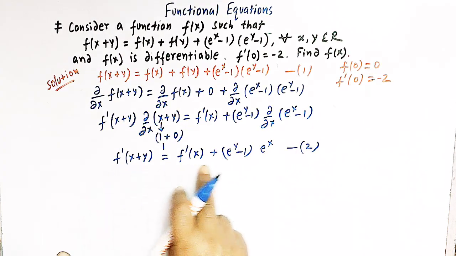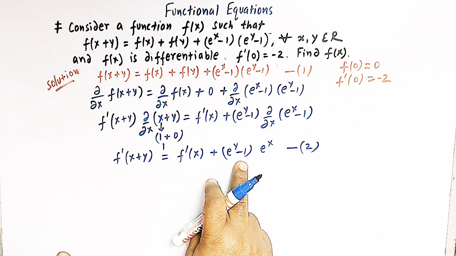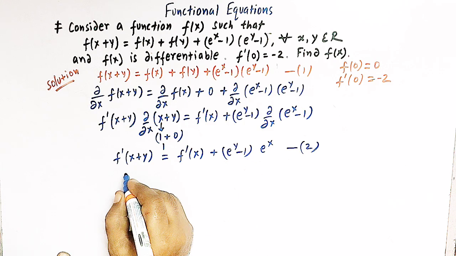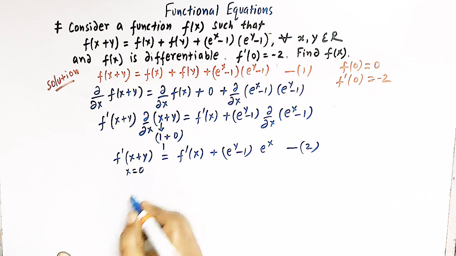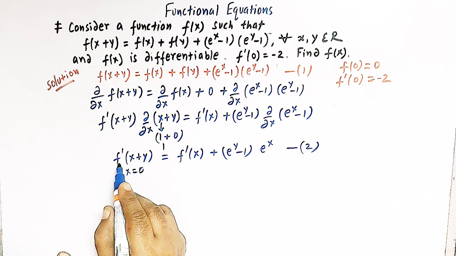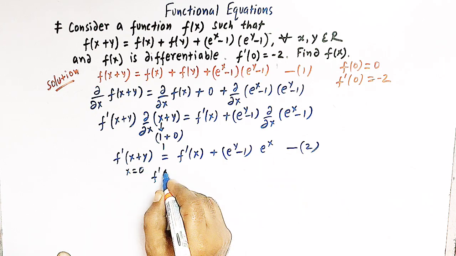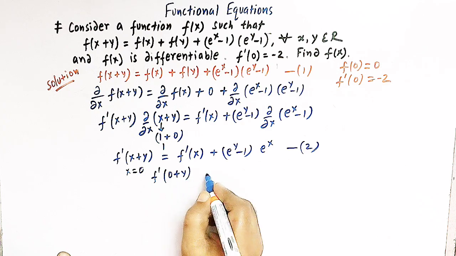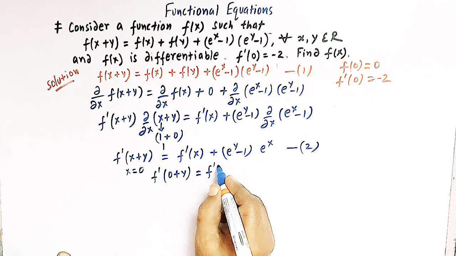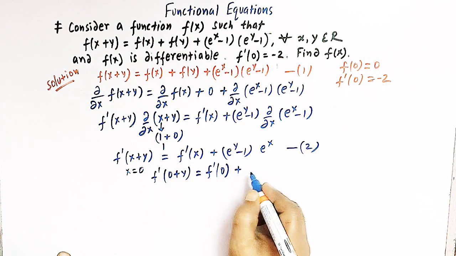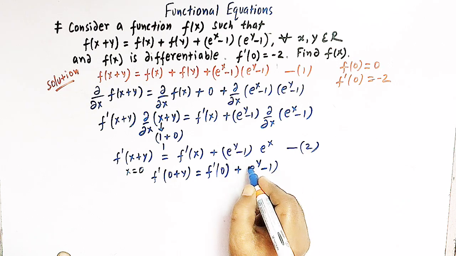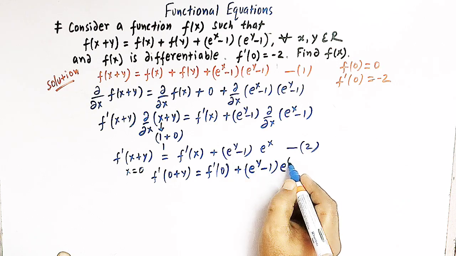So now we have this important equation. Let us substitute here x is equal to 0. When we take x is equal to 0 in equation 2, we have f prime of 0 plus y, and on the right f prime of 0, and then (e raised to y minus 1) times e raised to 0.